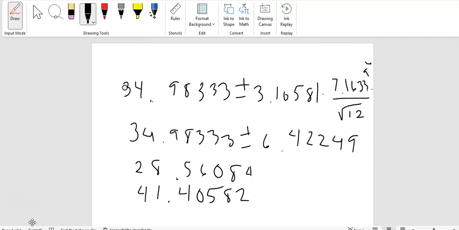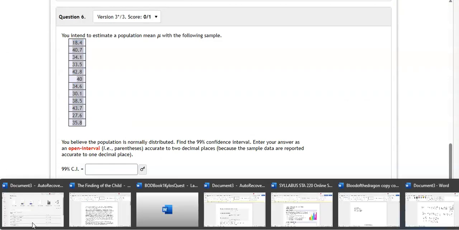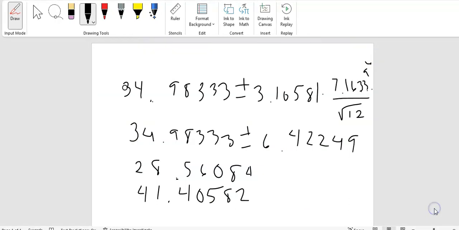Now, let's do it in open interval, which is what it told us to do. And let's see what it told us to round to. Let me go back here and see. Open interval and accurate to 2 decimal places. So I'll go back to my little sheet here. All right, so open interval means we want a parenthesis like that, not a square bracket.